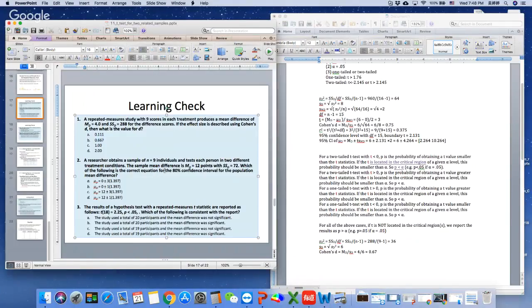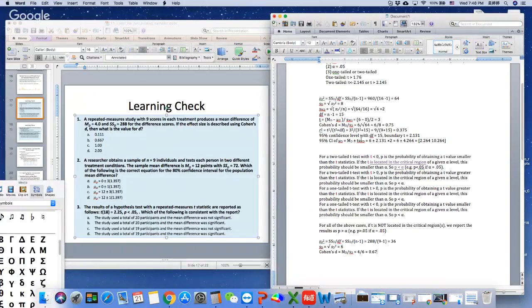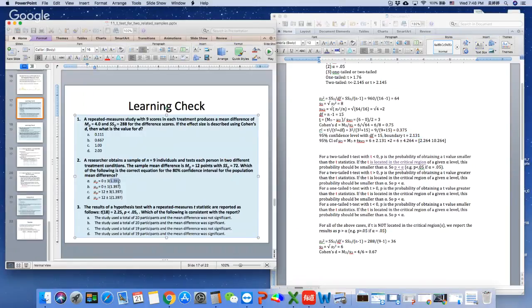Next question. Here we are going to compute the 80% confidence interval for the population mean difference. To compute the confidence interval with this formula, we need to know the boundary T first. In all of these options, the boundary T is the same, so we don't need to use the T table again.